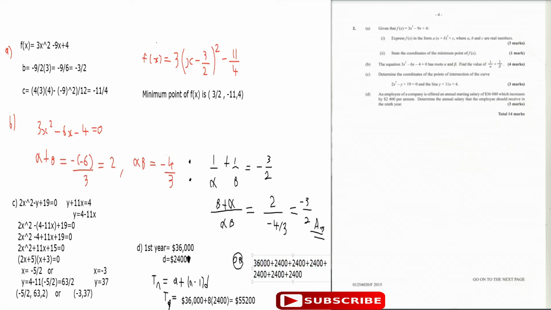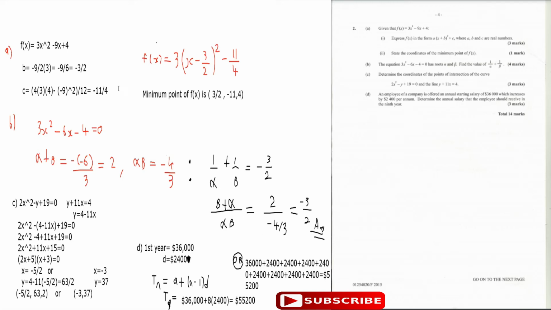So this is first year pay plus the increases for the following years up to the ninth year. When you add those up, you still get 55,200, and that gives you how much is in the ninth year. So this is an alternate way of doing it. Nice and easy. That takes care of question 2.